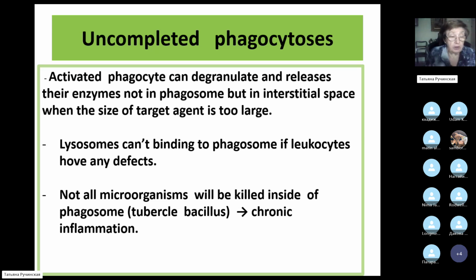So this will lead to damage of the target agent and at the same time the surrounding tissue. That is why this will lead to an increased zone of inflammation.